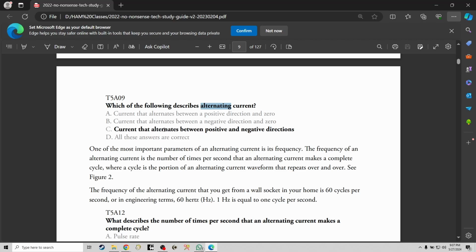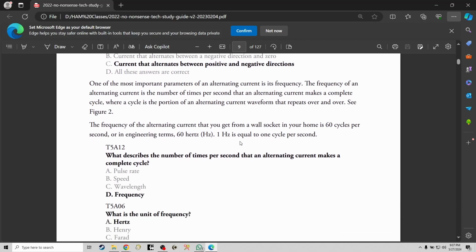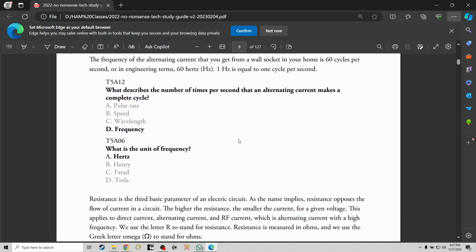Alternating between means going back and forth between something. In the first answer, only positive is mentioned. In the second answer, only negative is mentioned. Only in the third answer are both positive and negative mentioned. So be careful about the way they word the questions and the answers.